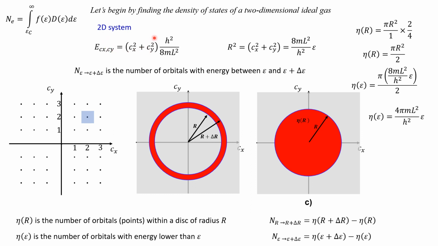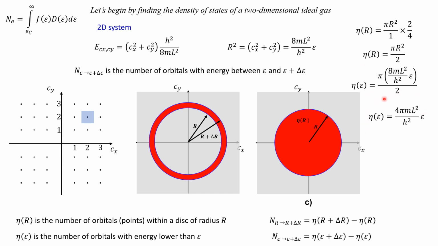So we obtain r squared by moving this term to the other side and this term to the other side, so we obtain this expression. So this expression connects the radius with the energy through this equation here. So replacing r squared with this expression, we obtain this expression. So everything inside brackets here is r squared.